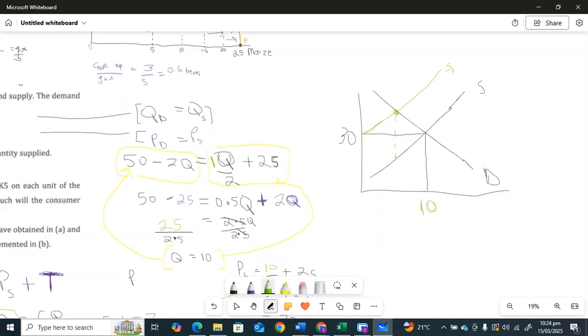Once it touches the supply curve, it goes here. It becomes 29 kwacha here. And here, at the equilibrium point, you put 34 kwacha. Okay. So this small box here represents the tax.